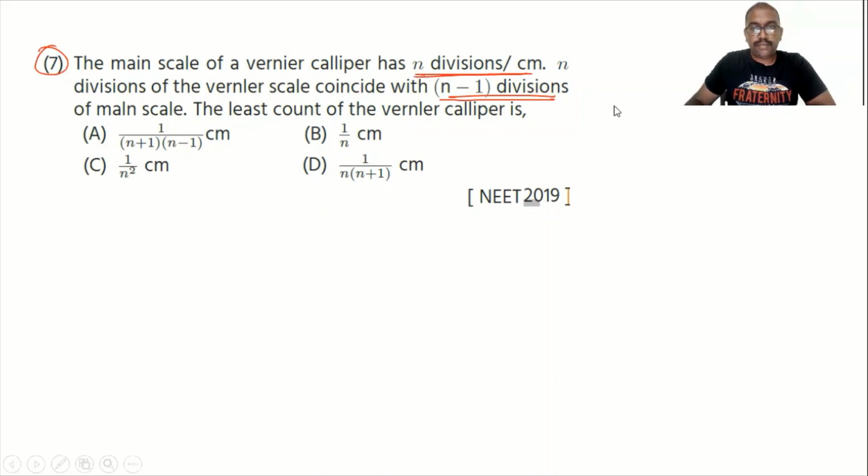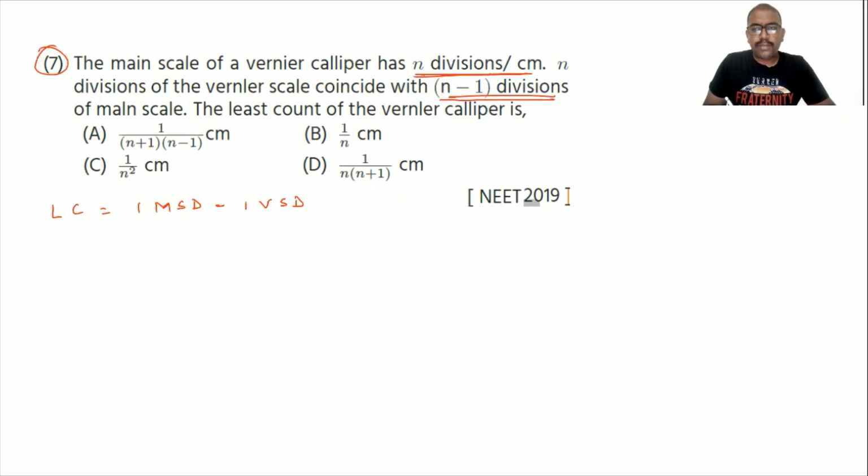So listen. Here, least count is equal to 1 main scale division minus 1 vernier scale division. So this is the least count formula.